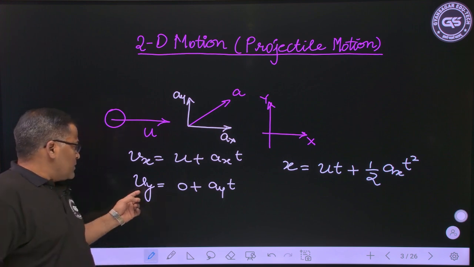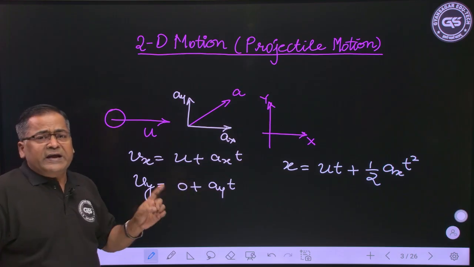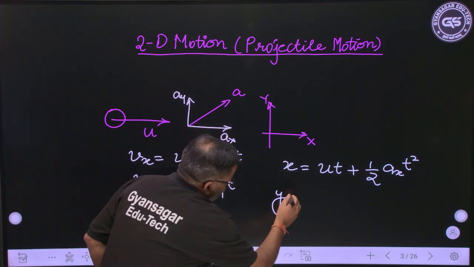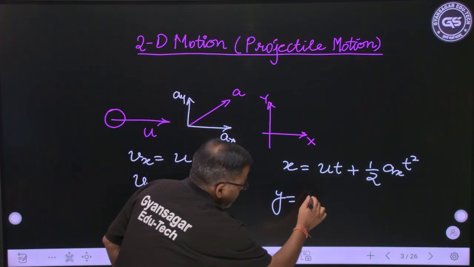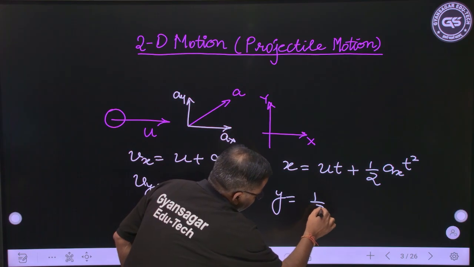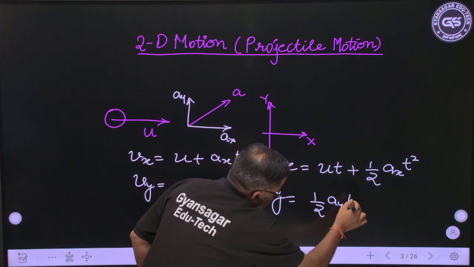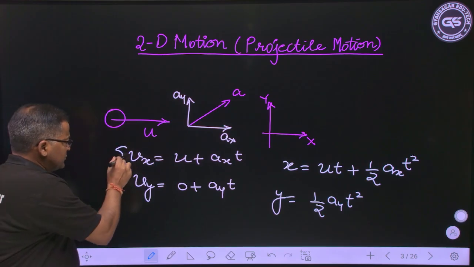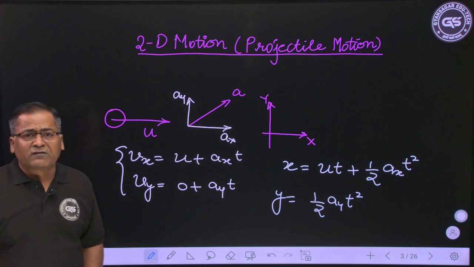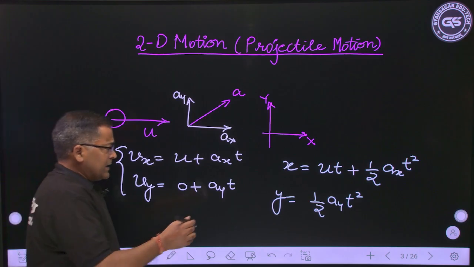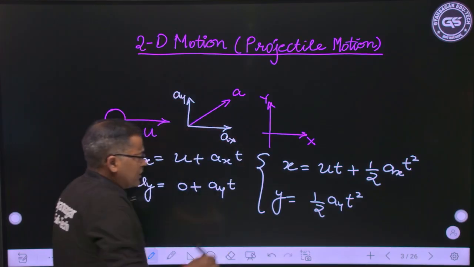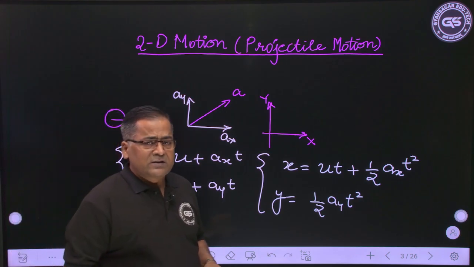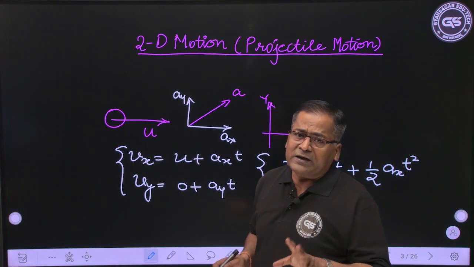Let us find out y displacement at any time instant. Y will be equal to half ay t square. So these are final velocities in x and y direction respectively, and these are coordinates along x axis and y axis after any time interval t.